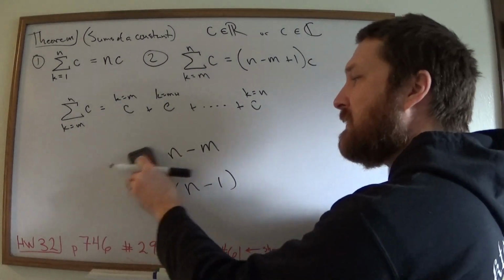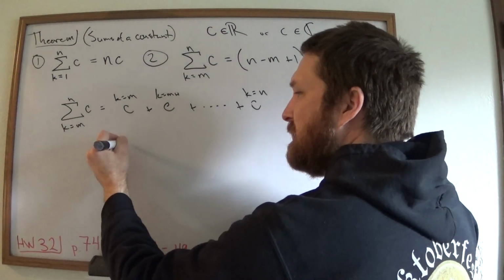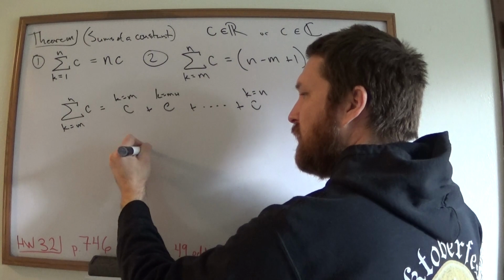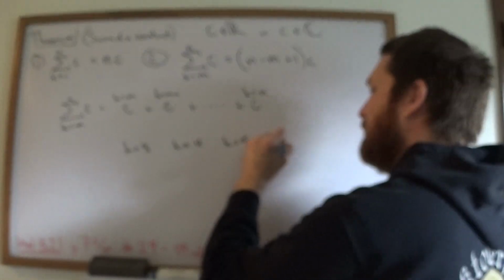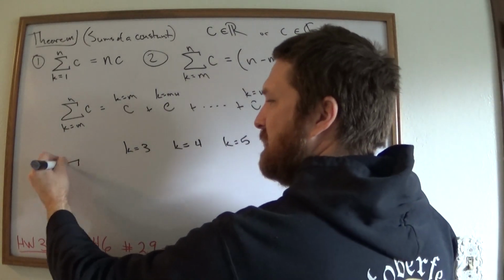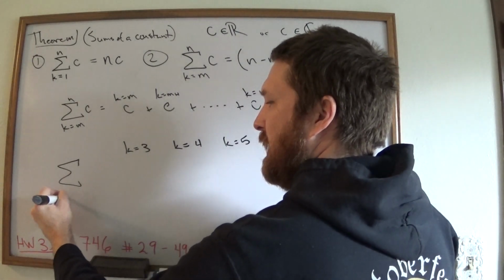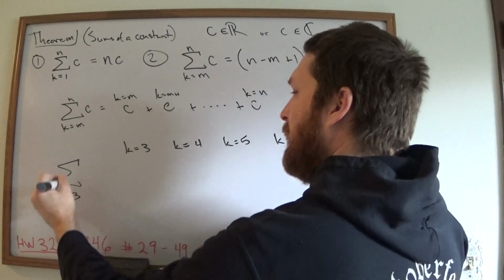So I just want to make this very clear here. Right? Let's say that when k equals 3, k equals 4, k equals 5, and k equals 6. So we have this sum as k goes from 3 up to 6.